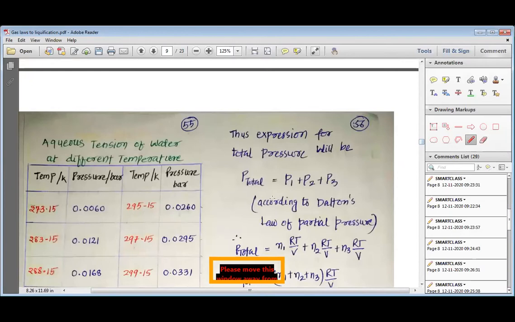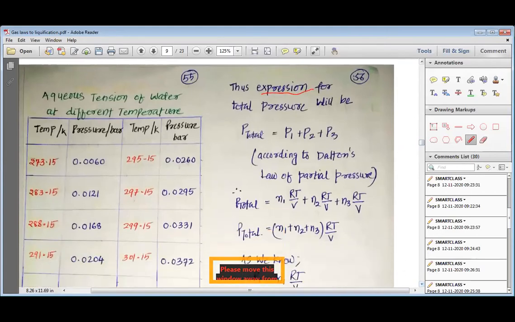So looking at the number of moles of gases, we can understand the expression for the total pressure. We can write P total is equal to P1 plus P2 plus P3. This is according to Dalton's law of partial pressure, my dear students.